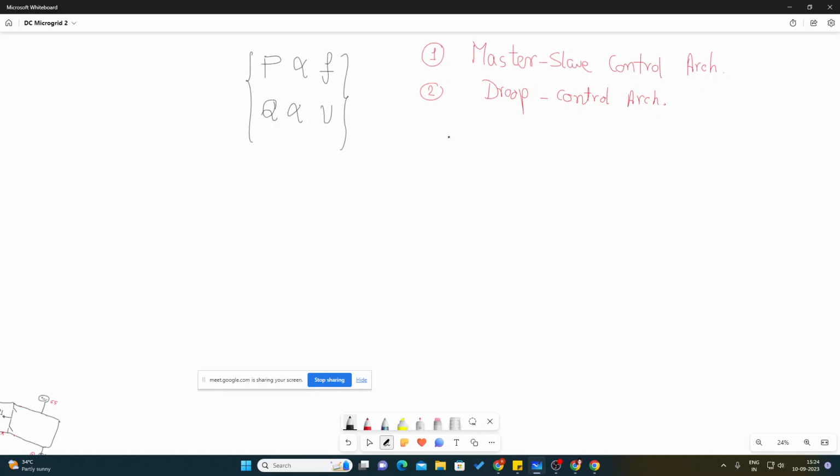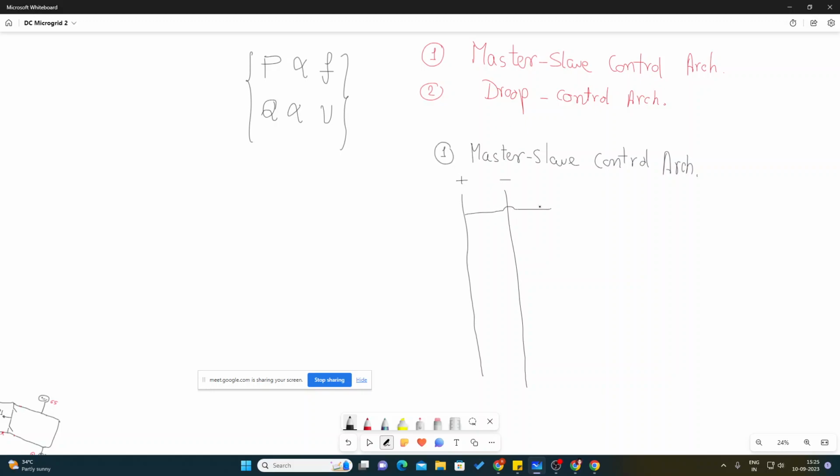So let's discuss the first one, which is the master slave control architecture. So this is the DC bus. Let's suppose this is plus, this is minus.